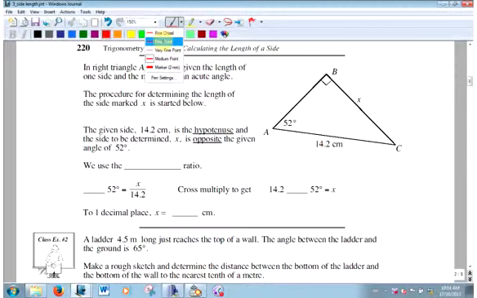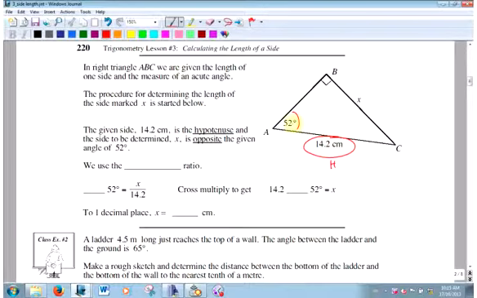Right angle triangle. That's the only kind we can do. I have an angle, and I have one of the sides. Just like yesterday, first thing you should do is label your triangle. This is the hypotenuse.